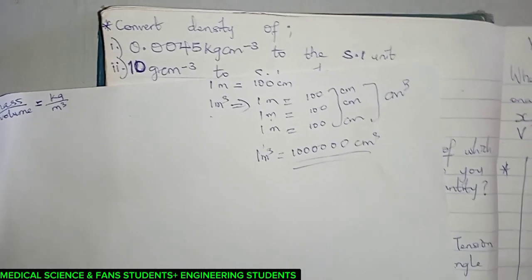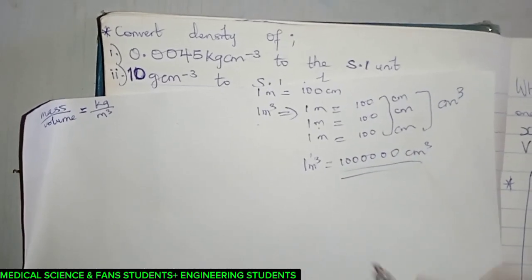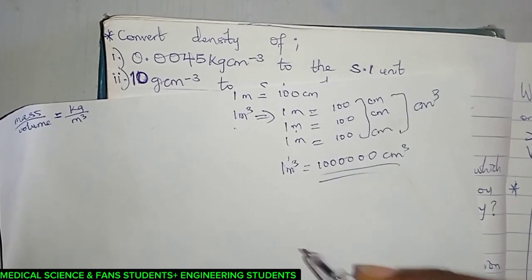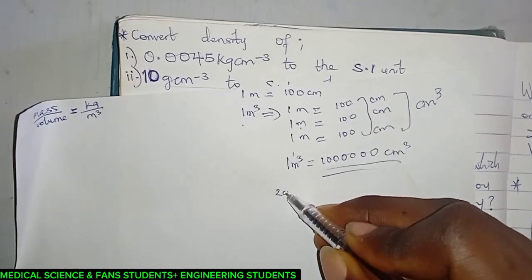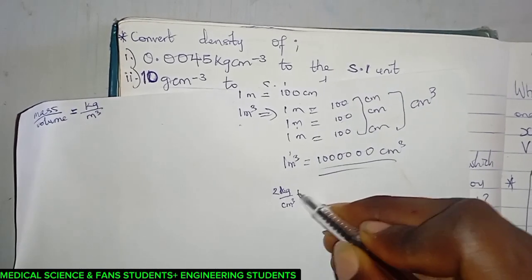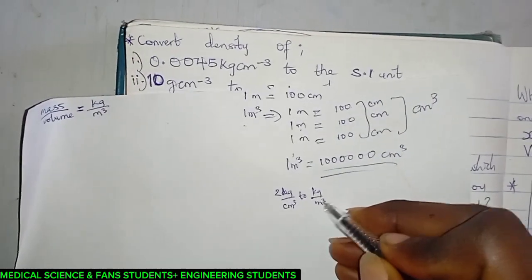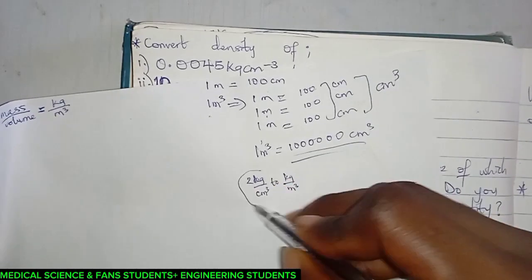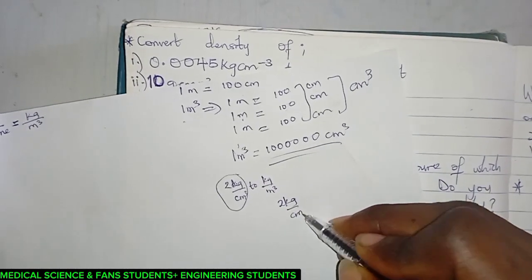Very important. So whenever I'm asked to convert something, what I just need to do is, let's say for example they tell me convert 2 kg over cm cube to kg over meter cube. What I just need to do is to say this is what they asked me to convert. Bring it as 2 kg over cm cube.